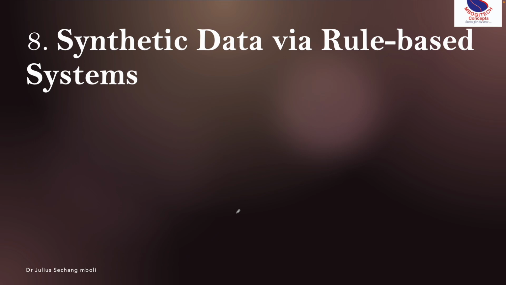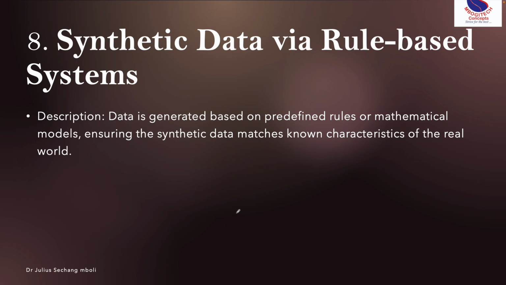We're almost there. This is the 8th method. We're talking about 10. So the 8th one is synthetic data via rule-based system, very similar to agent-based modeling. Data is generated based on predefined rules or mathematical models, ensuring the synthetic data matches known characteristics of the real-world data. So you already know the kind of data set you want to generate.